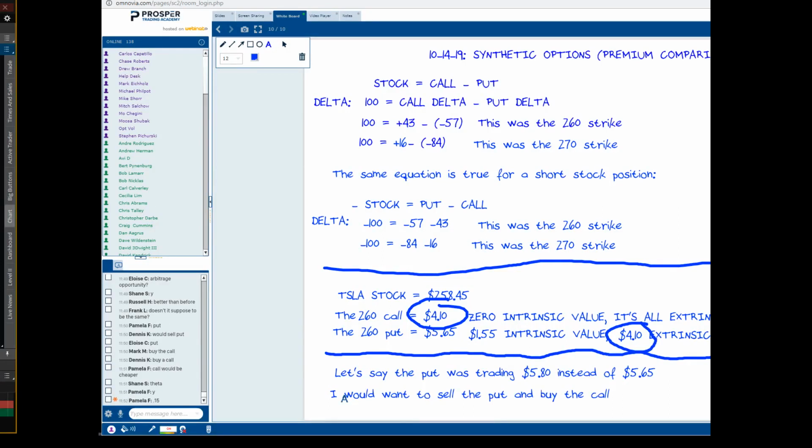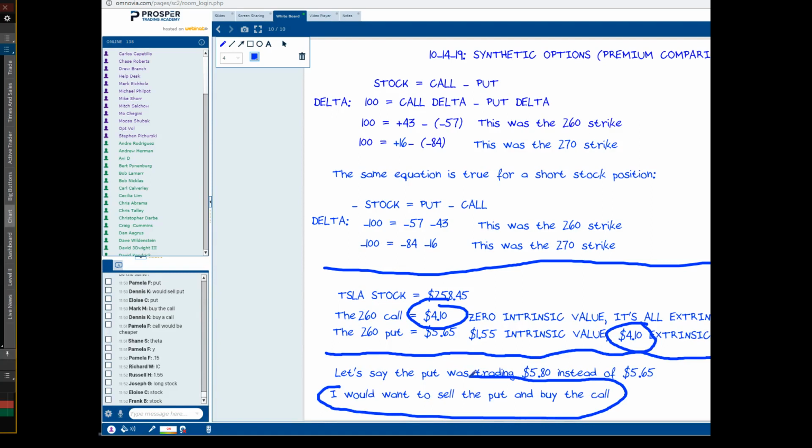Not how much arbitrage, Pamela. 15 cents is the arbitrage. Joseph, you got it. Frank, Eloise, good. Remember, if I look at my equation for a balanced equation, this right here equals this right here.